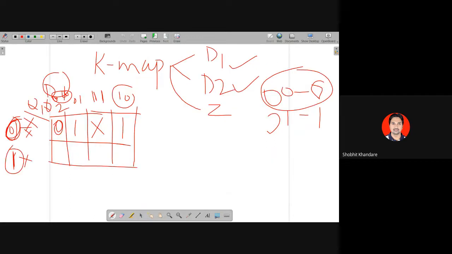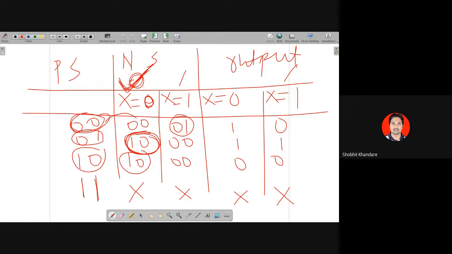So what should be written here in this cell? 1. It is 1, right? Yes, sir. When input is 1 and you are in the present state 00, the next state is 01. Okay. And when your input is 1 and your present state is 01, you will go to the next state. So see here, 01 and the next state is 00. So what should be written here then?